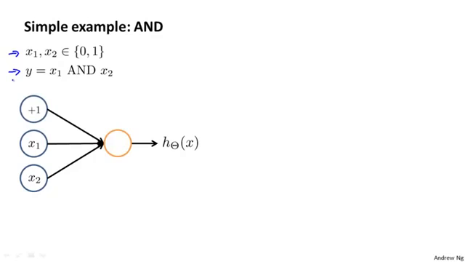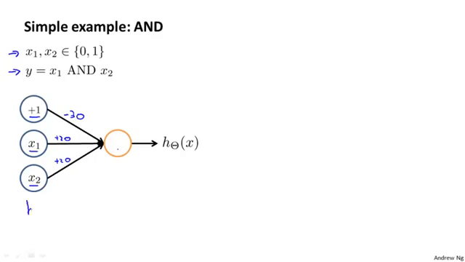Now, let me assign some values to the weights, or the parameters, of this network. I'm going to write down the parameters on this diagram: -30 here, +20, and +20. What this means is that I'm assigning a value of -30 to the parameter multiplying x0, that is this +1 going into this unit, a parameter value of +20 that multiplies into x1, and a value of +20 for the parameter that multiplies into x2.